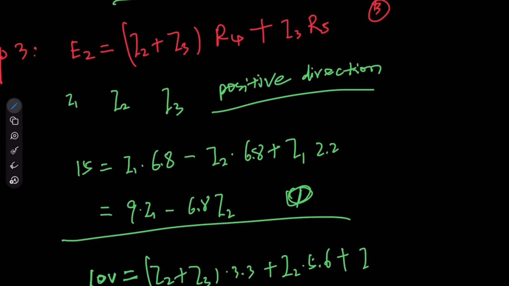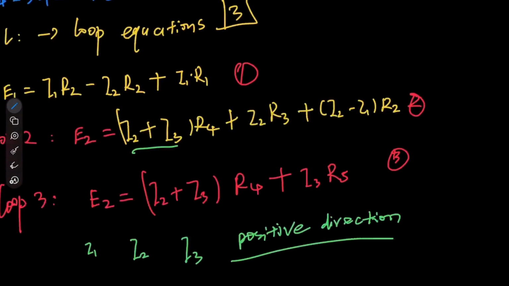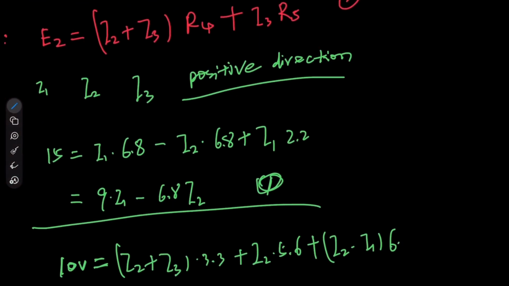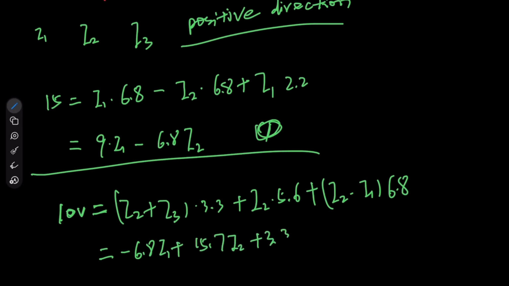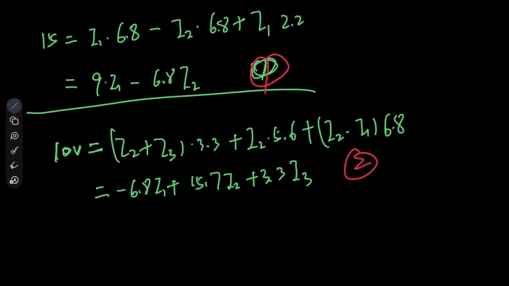Then plus I2 minus I1 times R2, 6.8. Now after we simplify it, we get negative 6.8 I1 plus 15.7 I2 plus 3.3 times I3. So this will be our second equation here. This is our first one.